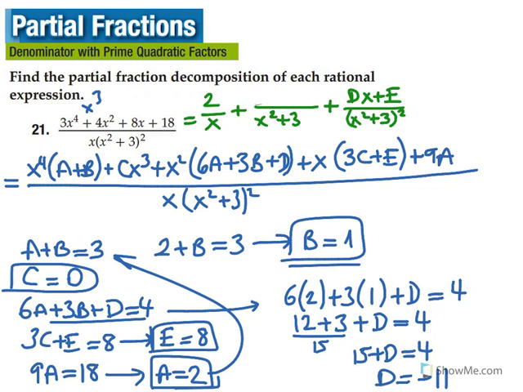And for dx plus e, I know that d is minus 11, e is 8, so it will be minus 11x plus 8. So this is my partial fraction decomposition with the denominator with prime quadratic factors.